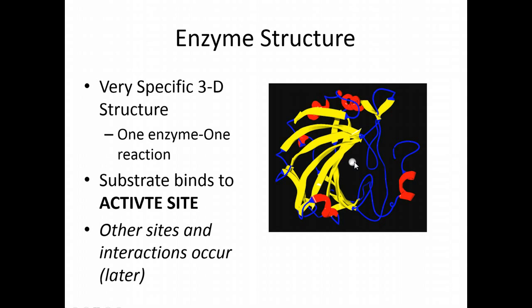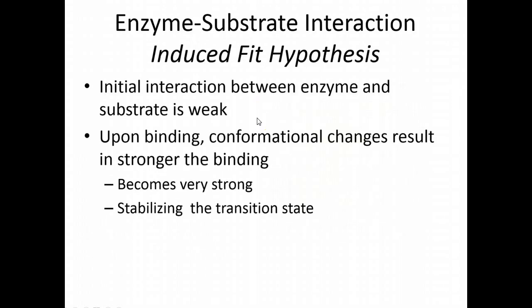And then that very specific site is where the substrate binds. And you're going to see today or maybe Friday that in addition to where the substrate binds, most enzymes have sites out here where other things can bind. And if I bind something here, I may change the way the substrate looks, and the substrate doesn't bind as well. And we're going to talk about that today, probably.